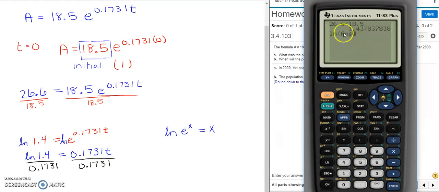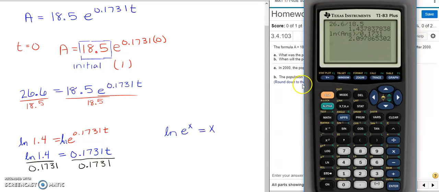That pulls up the previous answer, whatever is right before it. So the natural log of my previous answer divided by 0.1731. That way I didn't have to chop off any decimals. I didn't lose any accuracy, but I also didn't have to sit here and type out this whole thing, right? So it makes it better.